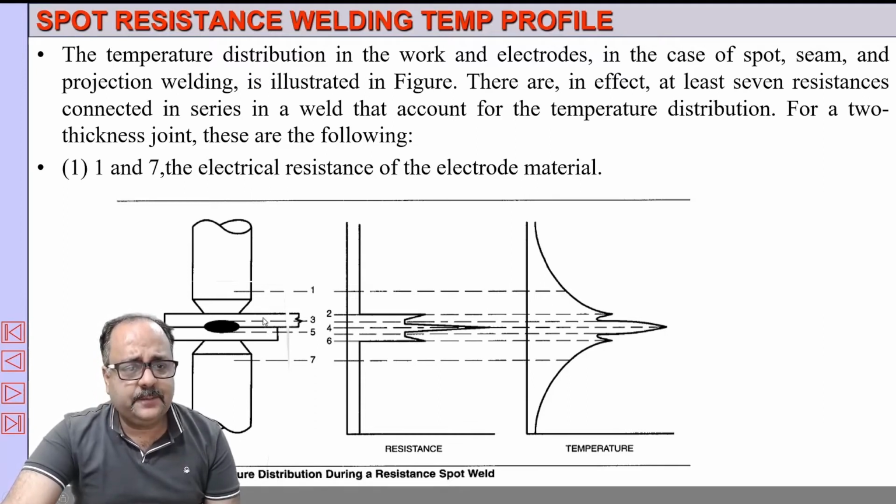At the junction between the electrode and the base metal, that is at 2 and 6, there is a highly thermally conducting electrode and the base metal at the interface. So here the resistance will be high.